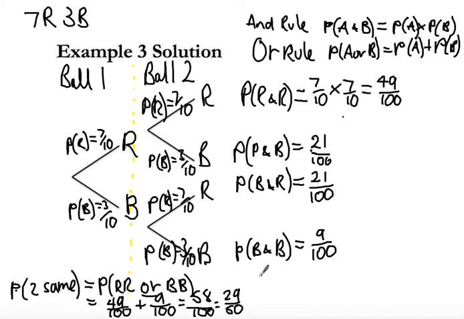Okay, so then probability of at least one blue. What are the ways that we can get at least one blue? Well, I could get a red and a blue. Probability of a red and a blue, that's one blue. Or probability of a blue and a red, because there's at least one blue there, or the probability of a blue and a blue.